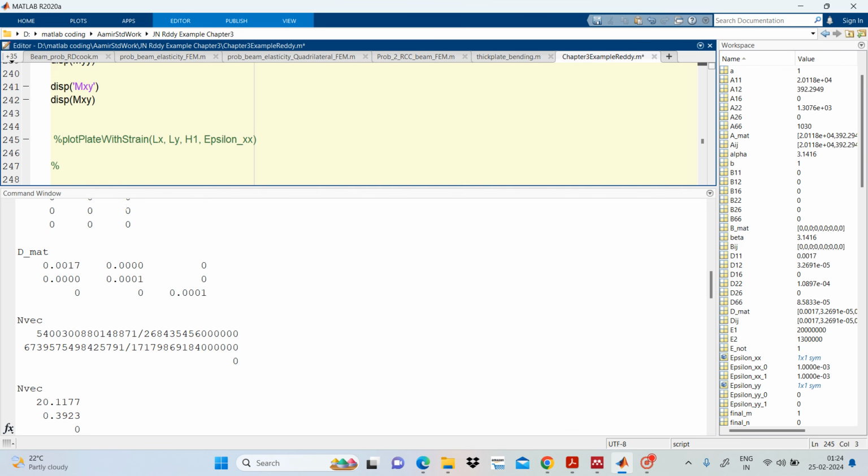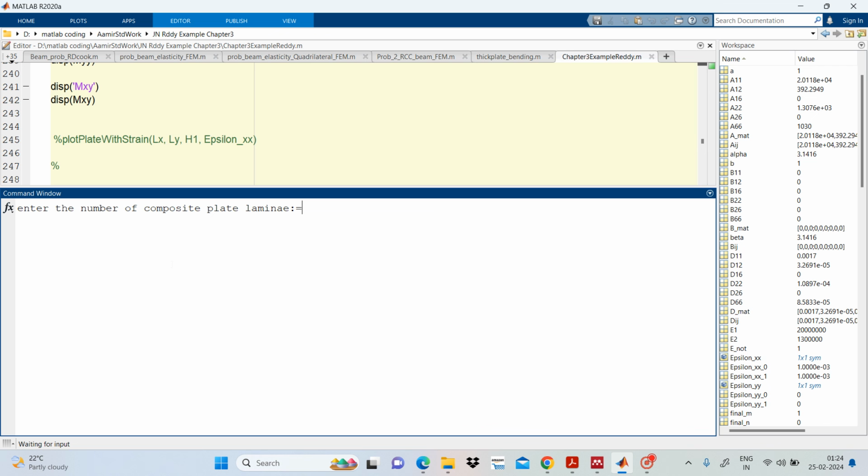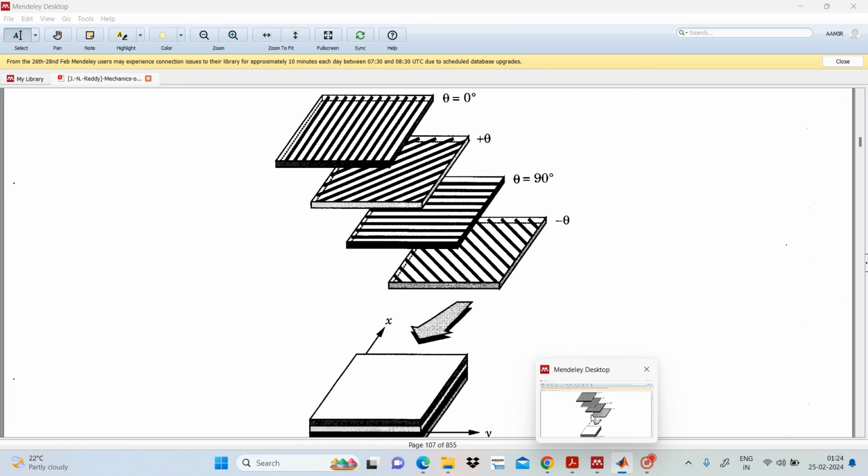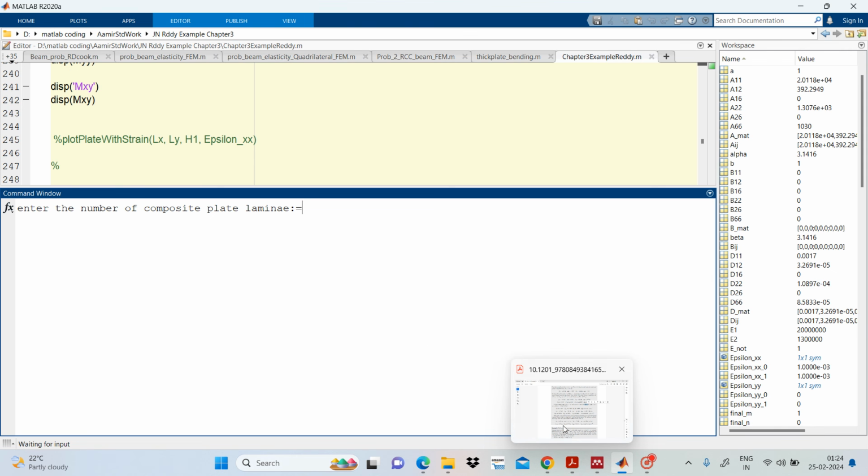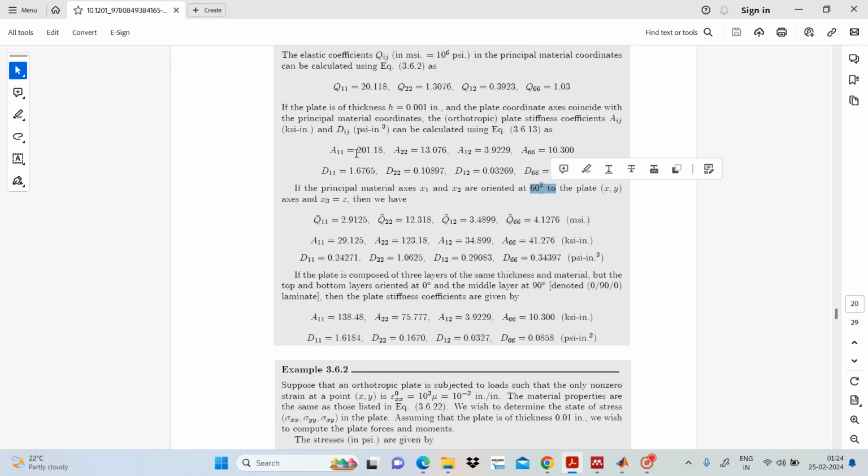Let me pause. Now we will run the code again. Enter the number of composite plate laminae. Let's consider the second problem, how much it is considering. If the principal axes are oriented at 60 degree to the plate axis, so 60 degree orientation.